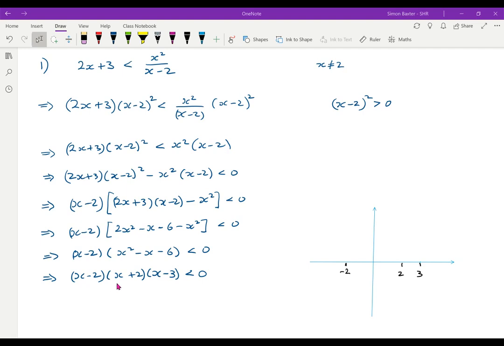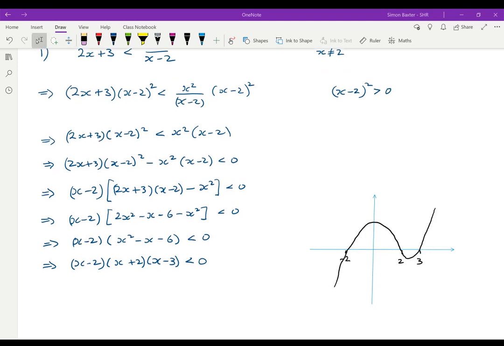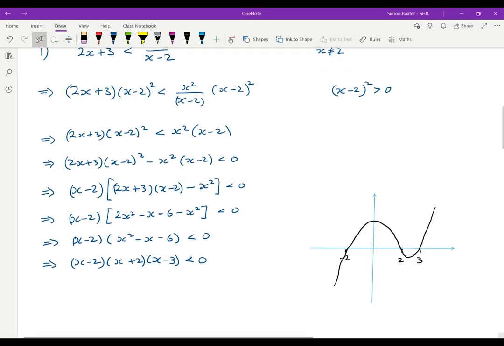The coefficient of x cubed is positive, so it's got to look something like that as a function, and its 0 values where it meets the x-axis are 2, -2, and 3. So all I've got to do is get that curve onto there. A bit wobbly, but not too bad.